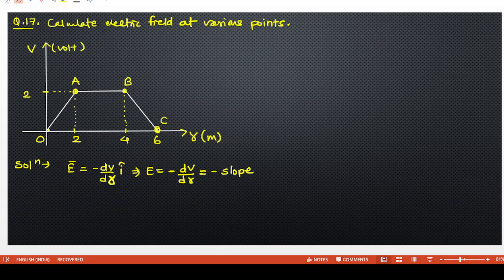Now, for all points from position equal to 0 to 2, slope is going to be the same, because it is a straight line. No need to find slope at all points separately. Yes or no? For a straight line, slope at all the points is the same. So what can be done is this. Write down.